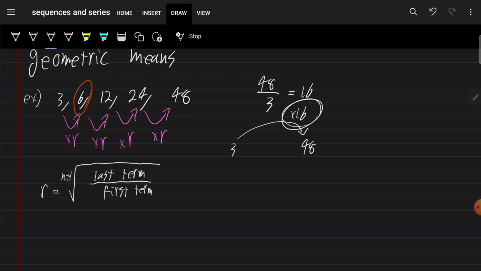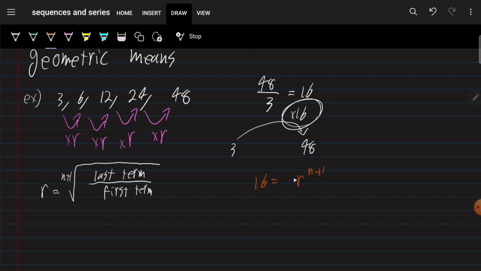So in order to find 3 geometric means, we are multiplying by r 4 times. So 16 is equal to r to the power of 4. Where did the 4 come from? If we see the pattern, it's always one more than the number of geometric means we want to find.